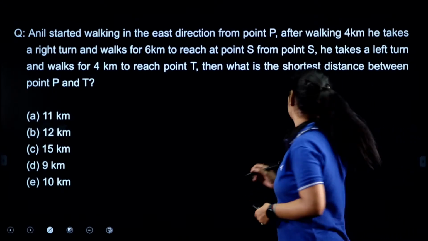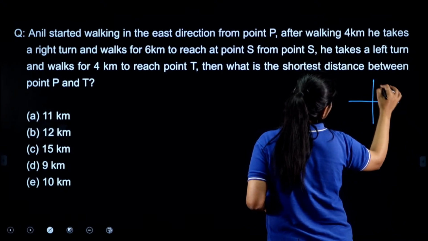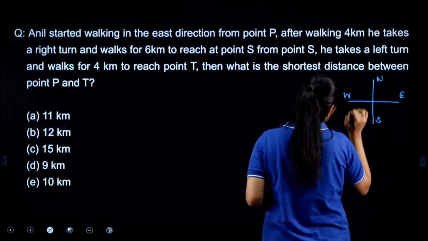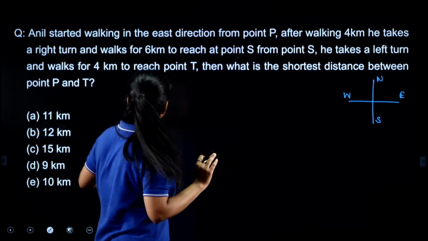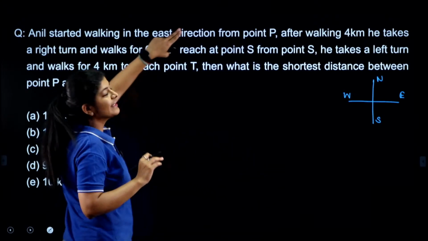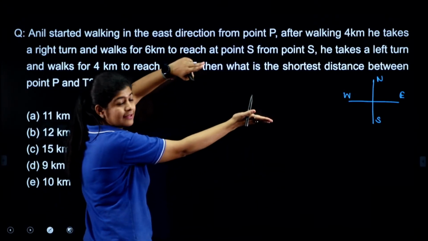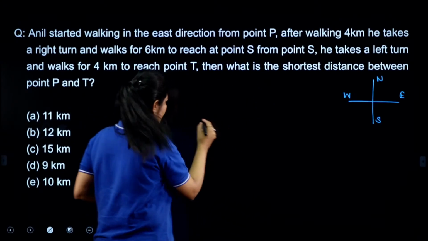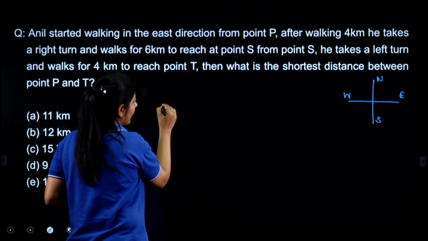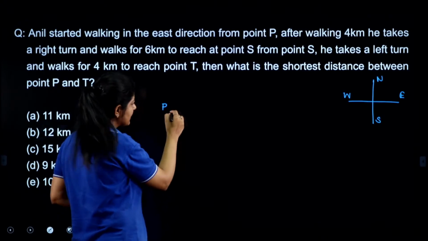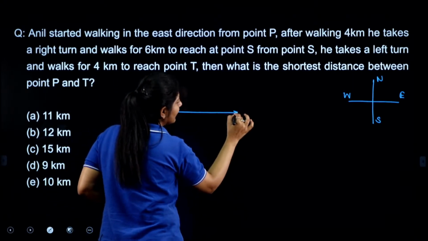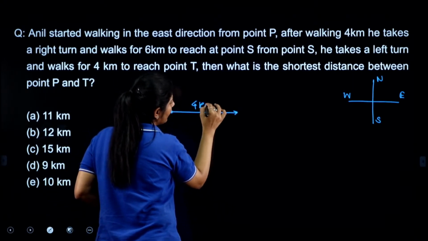Very good Ragla. So, here we have our direction plane: north, south, east, west, right? The question is simply saying that Anil starts walking in the east direction, from point P after walking 4 km. So, I am just assuming this is my point P. Walking in the east direction, he covered a distance of 4 kilometers.